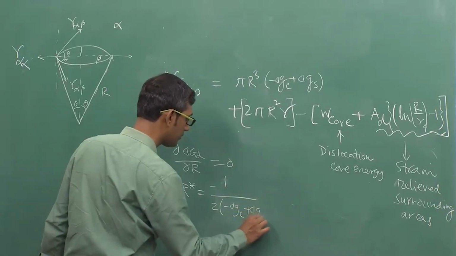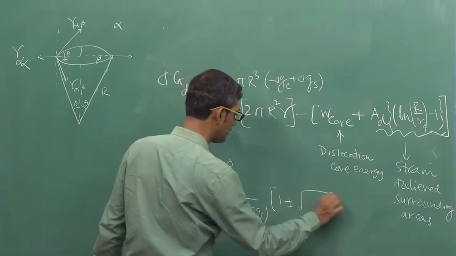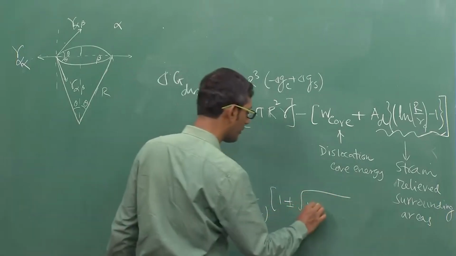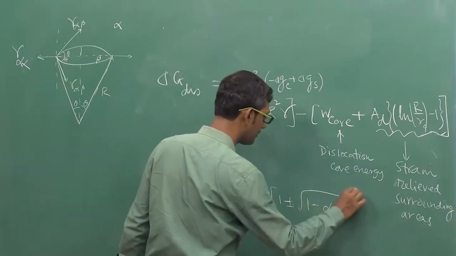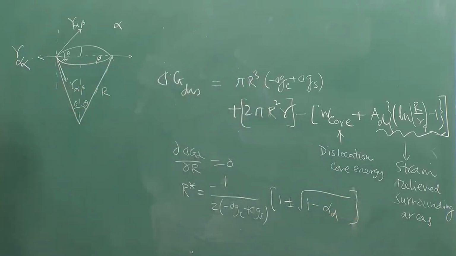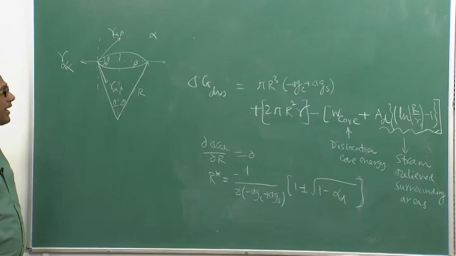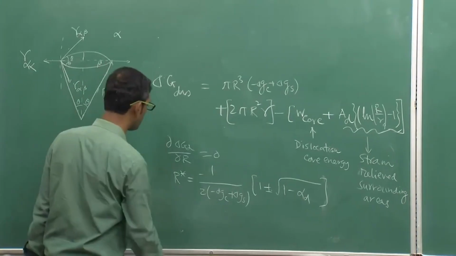Gc plus Gs, 1 minus alpha d. What do you see here? Basically you see two roots of this equation. This is no longer a simple one, this will be an equation related to R square, okay, that's the problem.